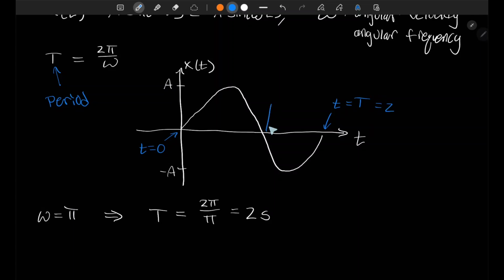This point here is t equal to capital T divided by 2. And the time step right here is t equal to big T divided by 4. And similarly, this time step is t equal to 3 times big T divided by 4.